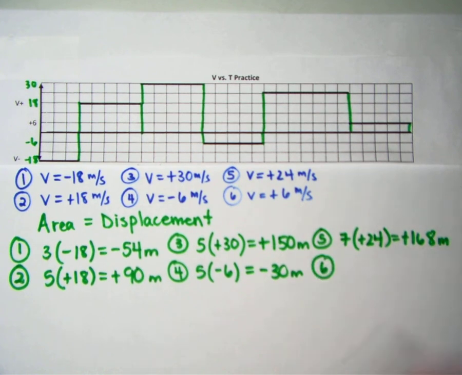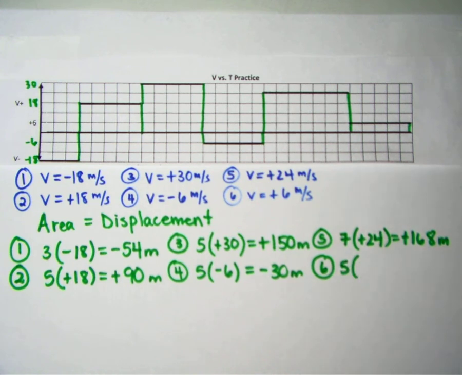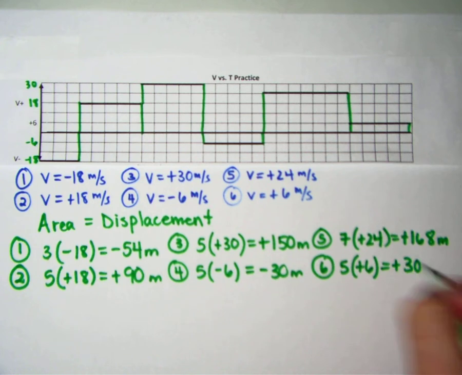And the last segment is 5 seconds at positive 6, which is positive 30. Okay, now you have all of your displacements.